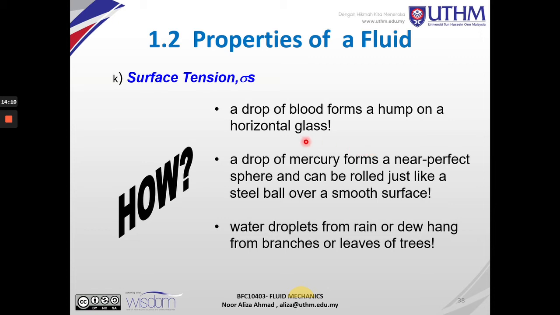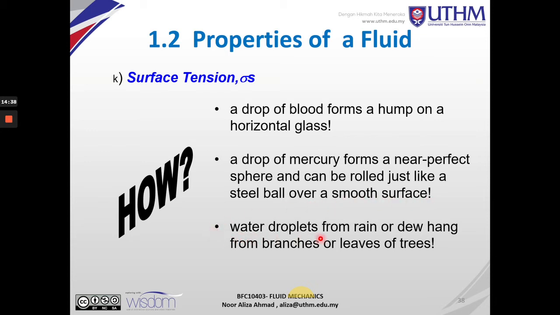Okay, that's all for the thermodynamic properties of gas. Now we look at surface tension. The symbol of surface tension is sigma S here. Surface tension is seen when a drop of blood forms a hump on a horizontal glass. A drop of mercury forms a near perfect sphere and can be rolled like a steel ball over a smooth surface.